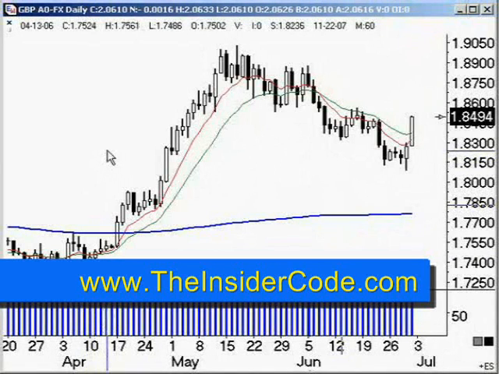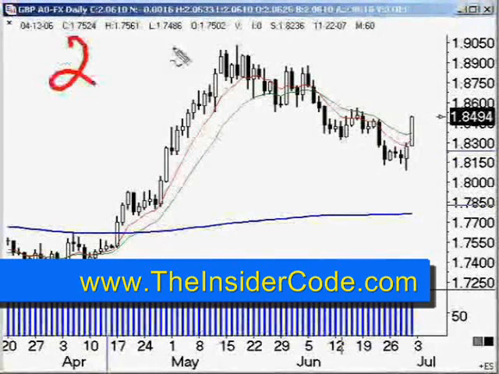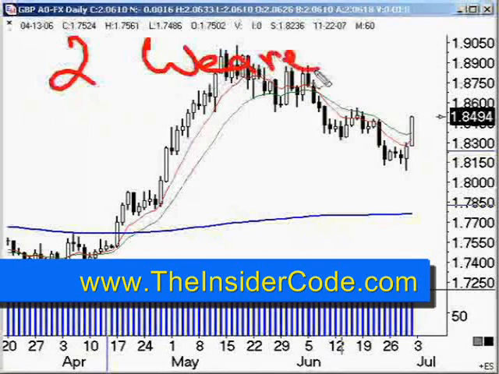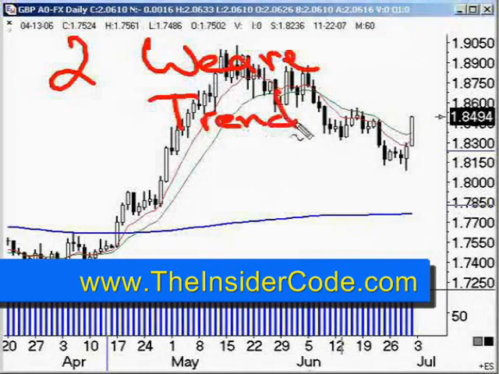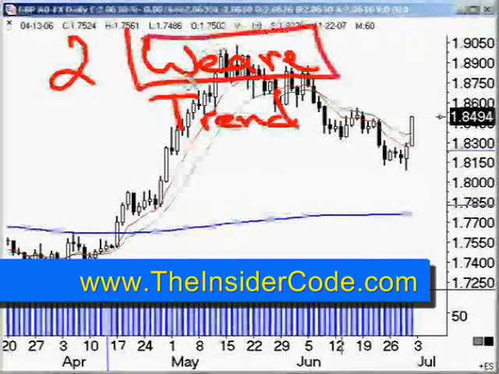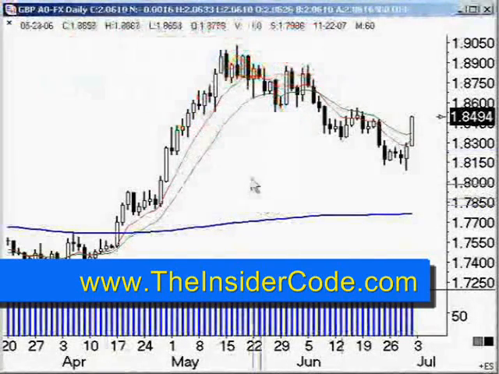So first of all, you have to remember that there are two main parts of the trading system. There's the weave, and then there's the trend. The reason why we look for the weave has to do with the way markets like to trade.